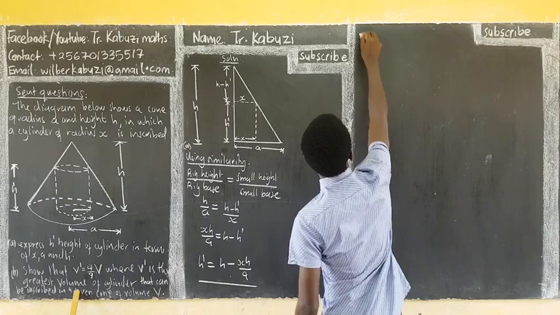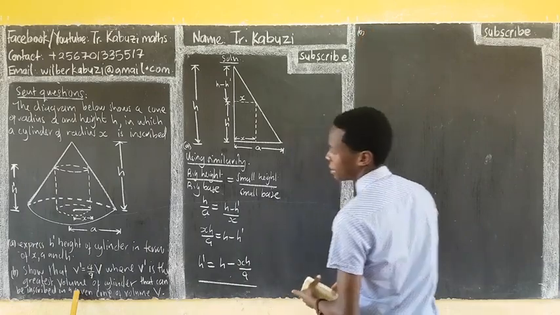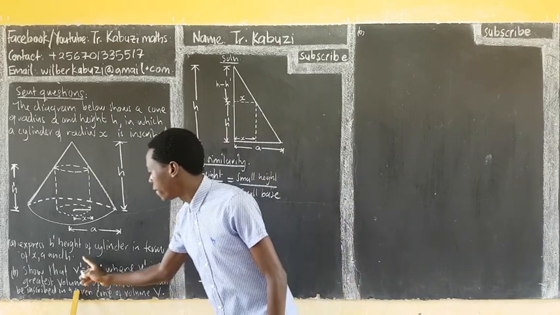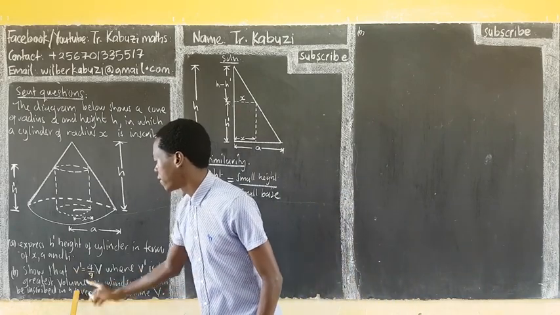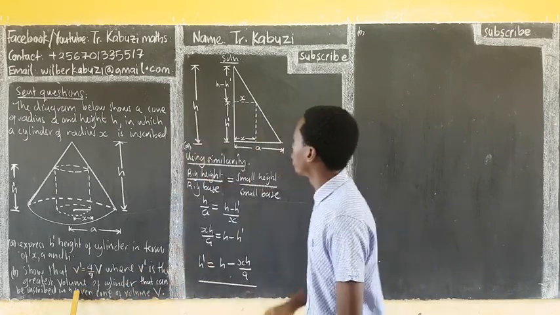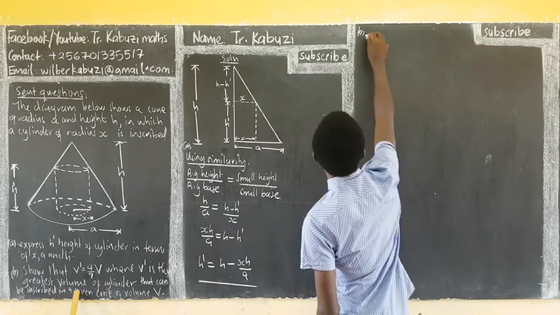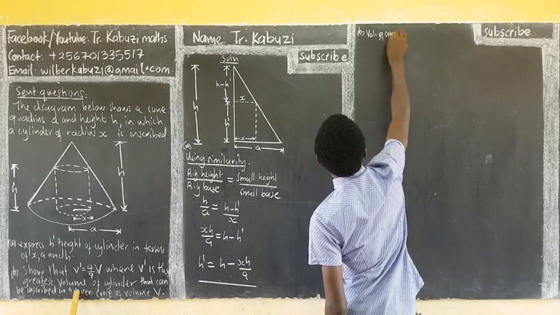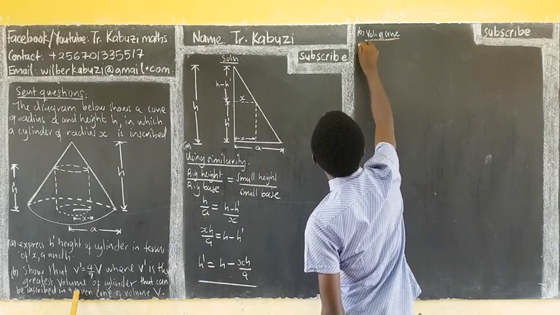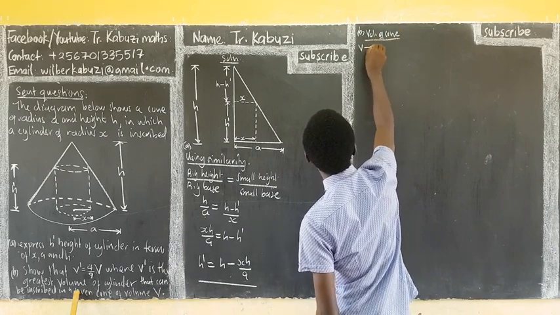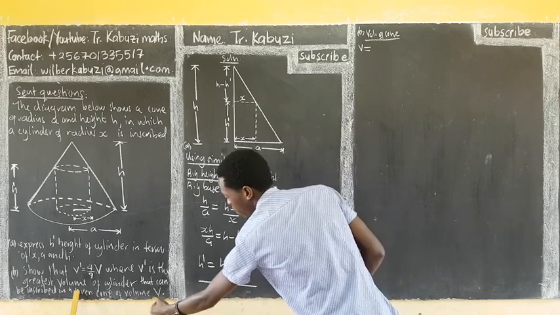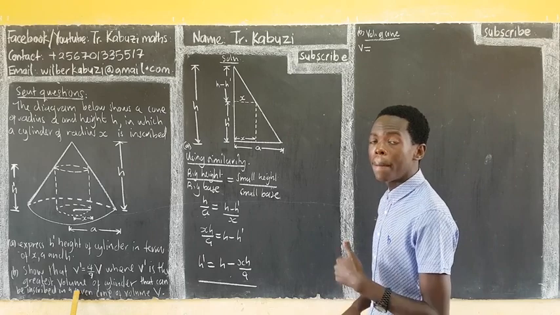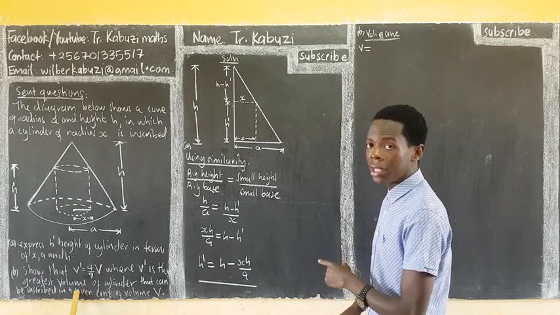Then part B, they want us to show that the greatest volume of the cylinder is equal to 4/9 the volume of the cone. Then the volume of the cone is given by V equal to a third pi r squared h.